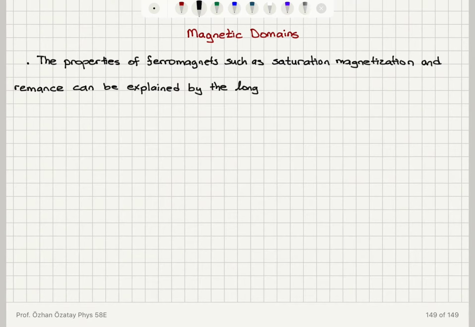So it's not a nanometer scale order; by long range we mean micrometer scale or millimeter scale, long-range magnetic order.